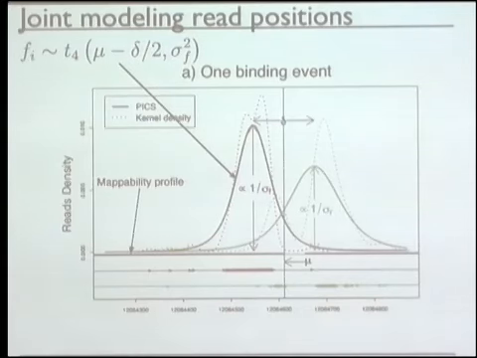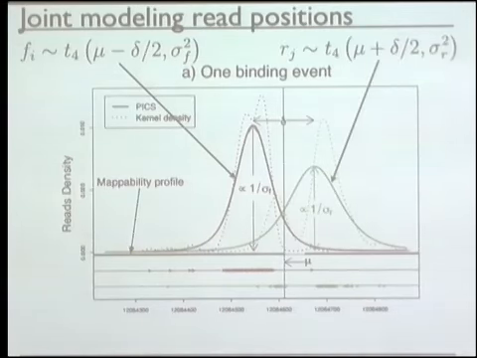The forward distribution is centered at mu minus delta over 2 with variance parameter sigma f squared, and another T distribution is centered at mu plus delta over 2 with variance parameter sigma r squared. The good thing about this model is that we model what we care about, the binding site position where it binds in the genome, and the average fragment size distribution, something that we know about, and therefore we can build a Bayesian model and put some prior information into it.